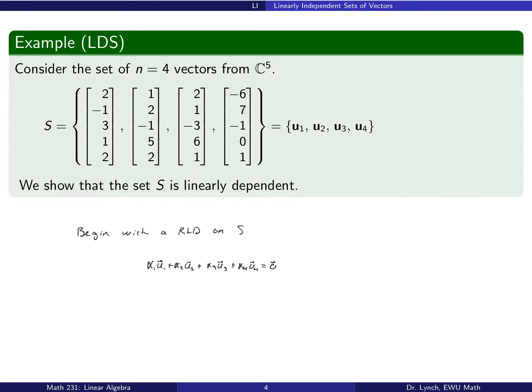Now, determining whether a certain vector, in this case the vector 0, can be written as a linear combination of some given vectors, in this case u1 to u4, we'll go ahead and have a look at the corresponding linear system. Of course, since the right-hand side is 0, that linear system is a homogeneous linear system.